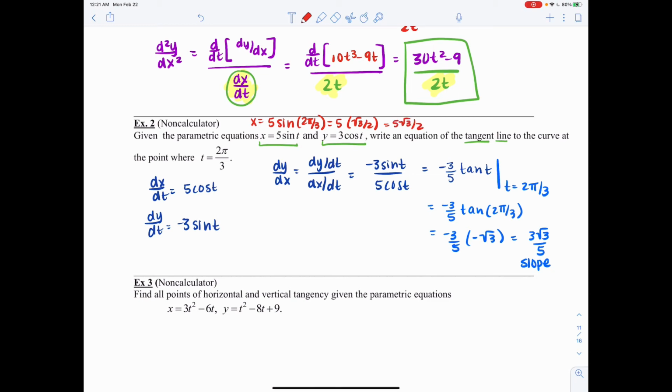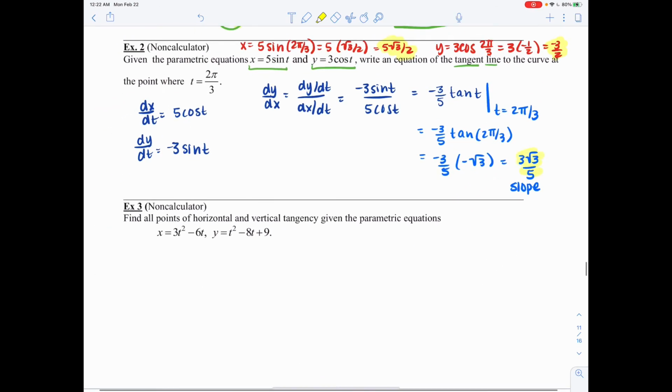And I also need to find 3 cosine of 2 pi thirds, which will be 3 times negative a half, or negative 3 halves.